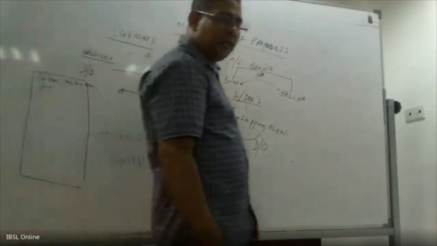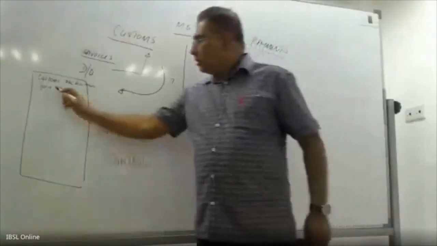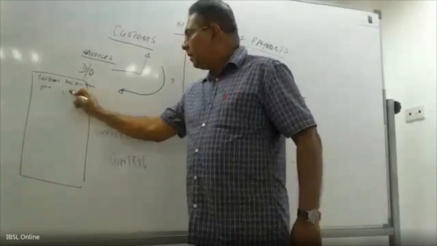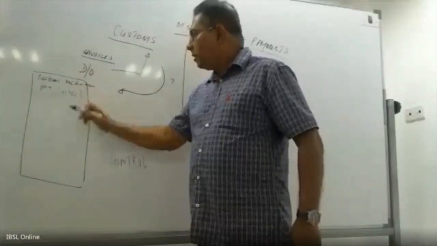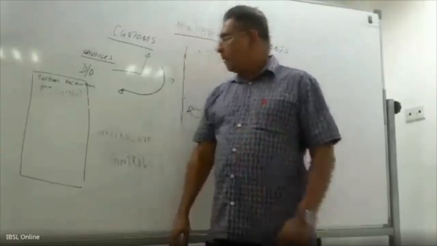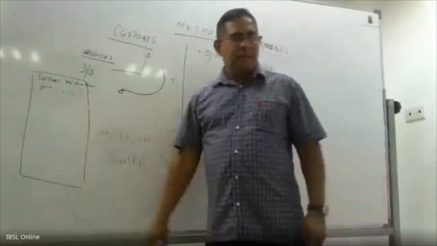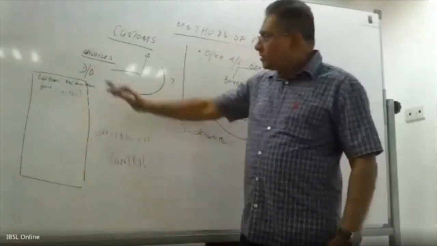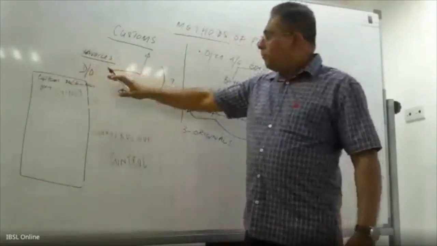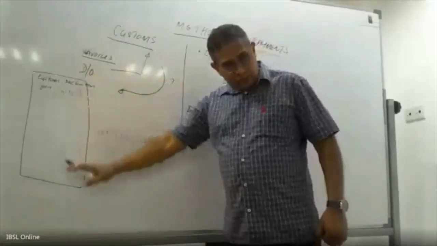Customs Declaration Form is abbreviated as CUSDEC. If you write it as CUSDEC also, it doesn't matter, it's acceptable. It's the Customs Declaration Form. This form is given for the buyer to fulfill and duly sign.